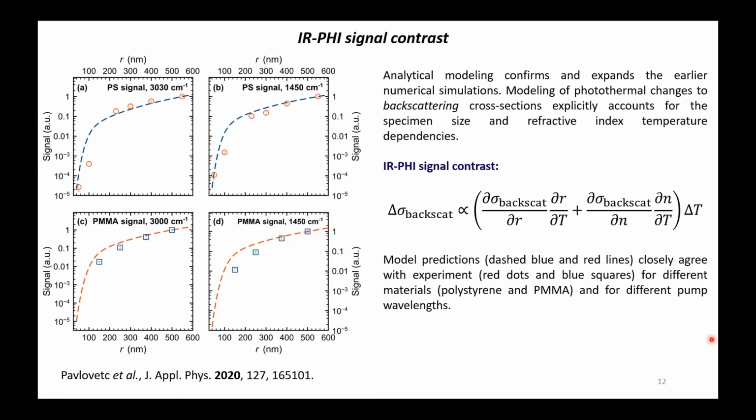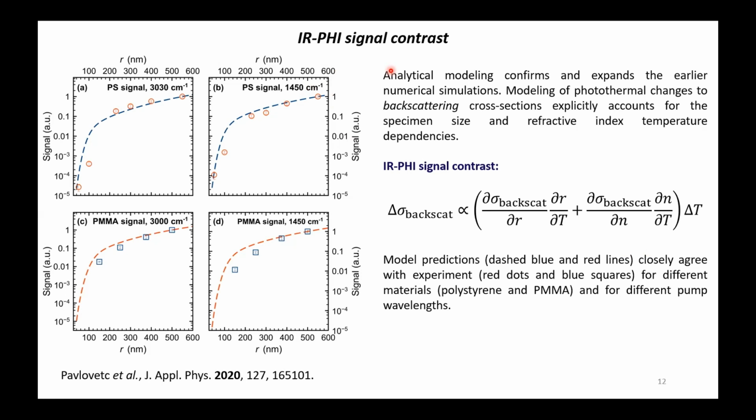To put you into context how small the thermal expansion is, changing 10 kelvins for 1 micrometer particles will change size just by 1 angstrom. So the thermal lens effect is always very small there. So it's all scattering. Does it make sense? Okay, yeah, thanks.